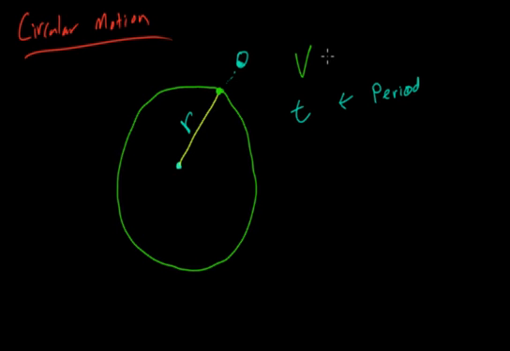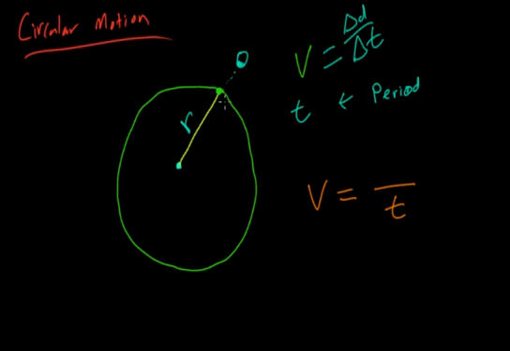Well, how's velocity typically defined? Velocity is typically defined as change in distance over change in time. Well, this should be easy then, because change in time, well, the period ought to be the change in time. So for this situation, we could say the velocity is just something over just the period, or the time it takes to go all the way around.